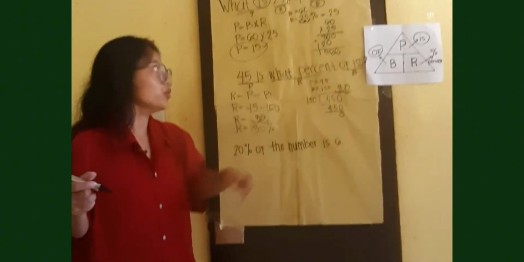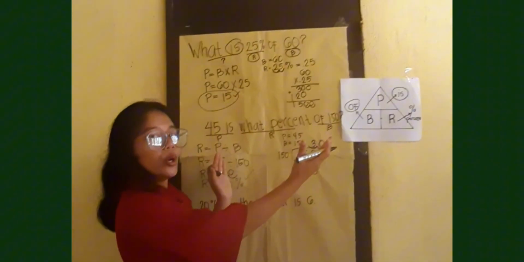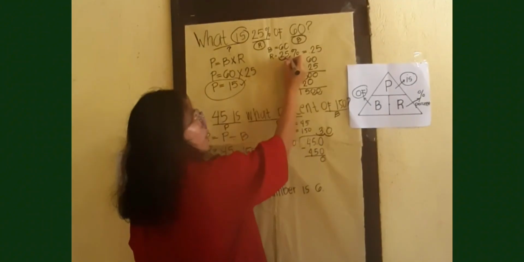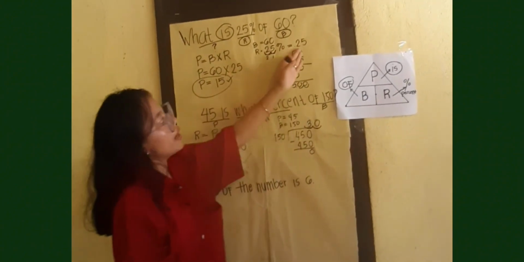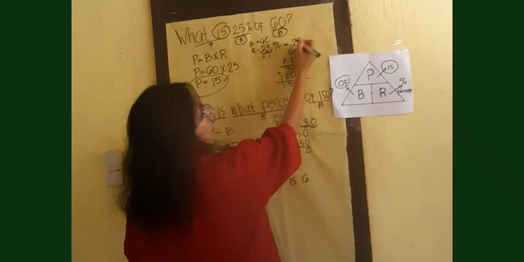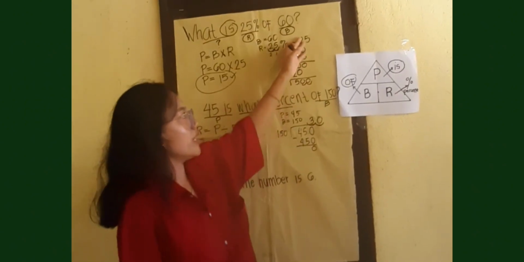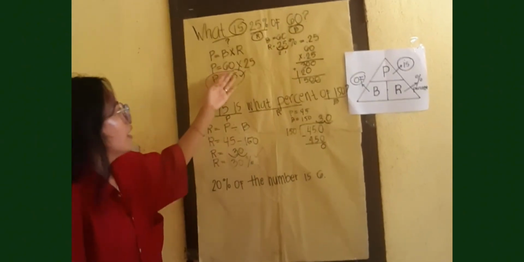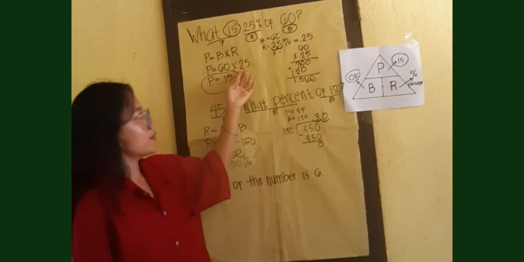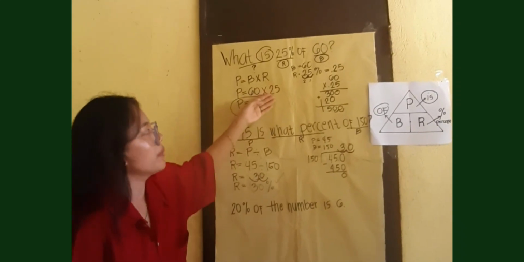All we have to do is move the decimal point twice from right to left. So 1, 2. That will become 0.25, or 25 hundredths. Okay. So since we can now multiply, 60 times 25 hundredths. So let's solve this one manually.